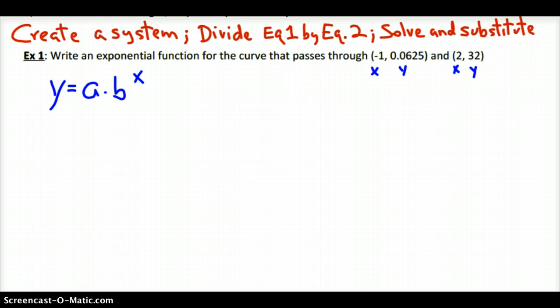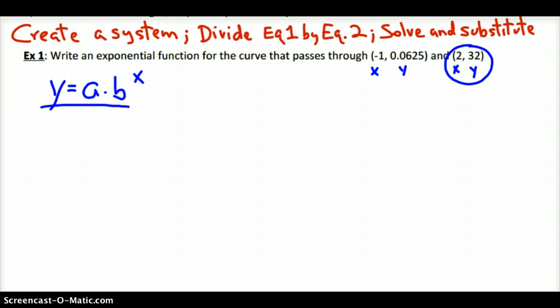So we are going to create our system. First of all, I'm going to choose the one with the bigger x value. So that's going to be this one right here. So I'm going to take that ordered pair and use this model.